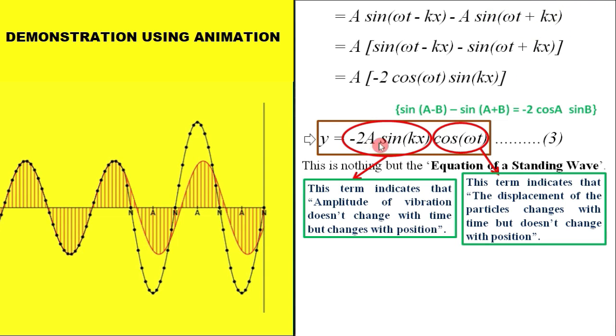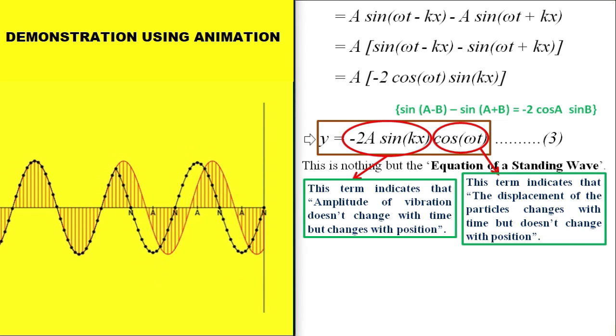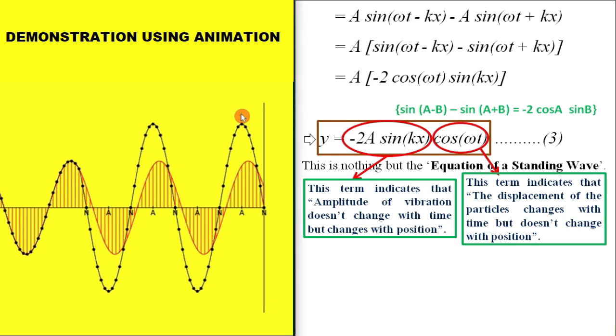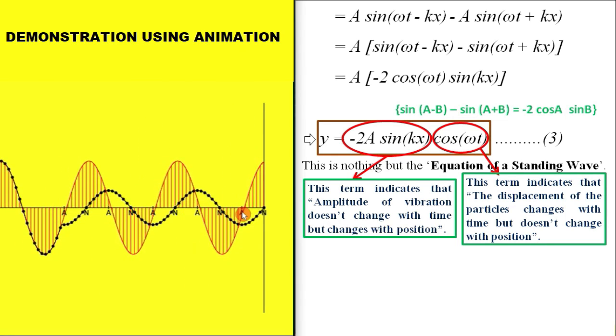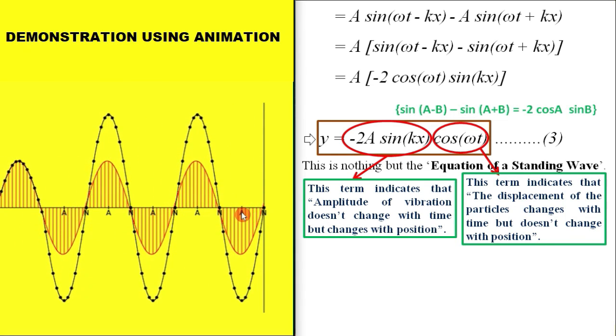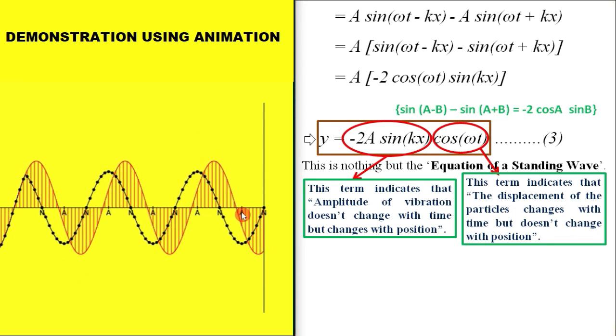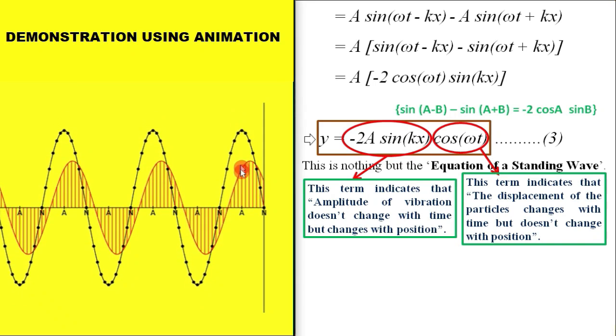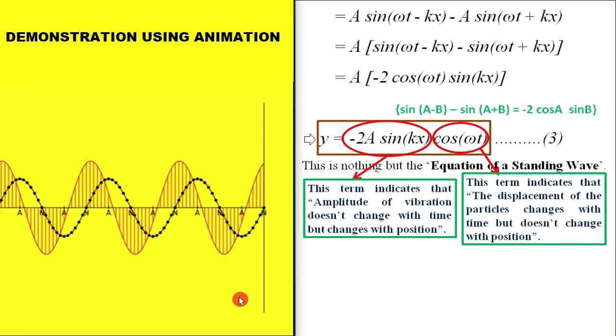Now let us check what is happening in the other equation. See, let me tell about this particle, where the A term is written. Let us check what that particle is doing. You can see that the A particle goes to the maximum and comes to the minimum.